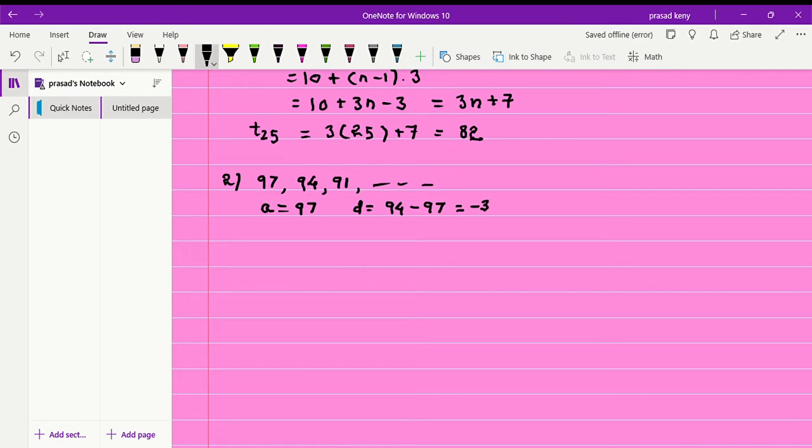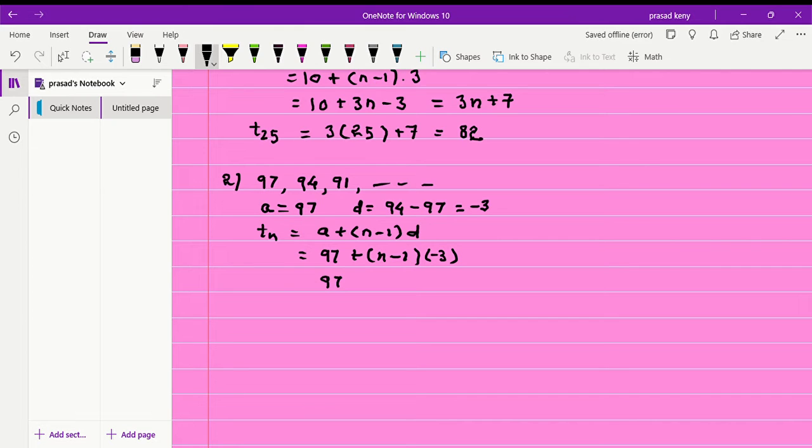And hence the nth term Tn is A plus n minus 1 into D, which is 97 plus n minus 1 into negative 3.